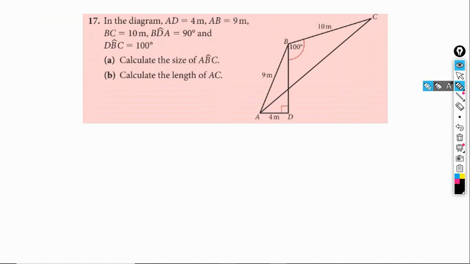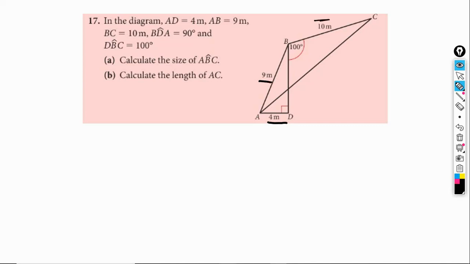Very well, so here we are now on question 17, and they have this diagram with 2 triangles, and they give us several measurements. So let's say that AD is 4, AB is 9 meters, BC is 10 meters, so we have that there.